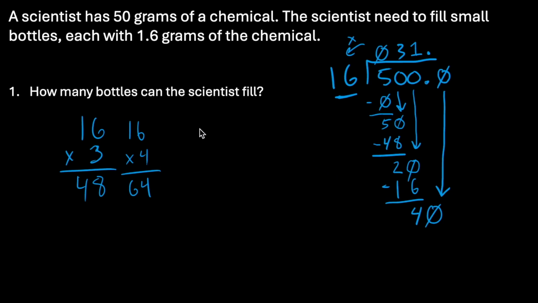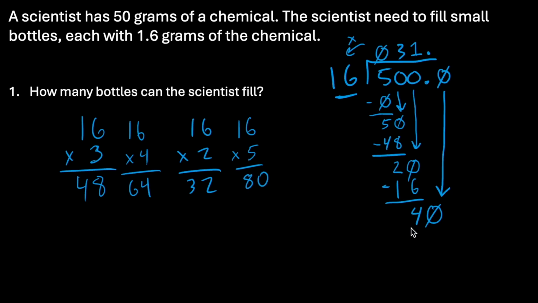Well, we'll have to use multiplication. 16 times 2 is 32, and 16 times 3 is 48, so we can't use 3, so it has to be 2. And I'll just write 16 times 5, because we have 2, 3, 4, and 5. And 16 times 5 is 80, just to keep it there.